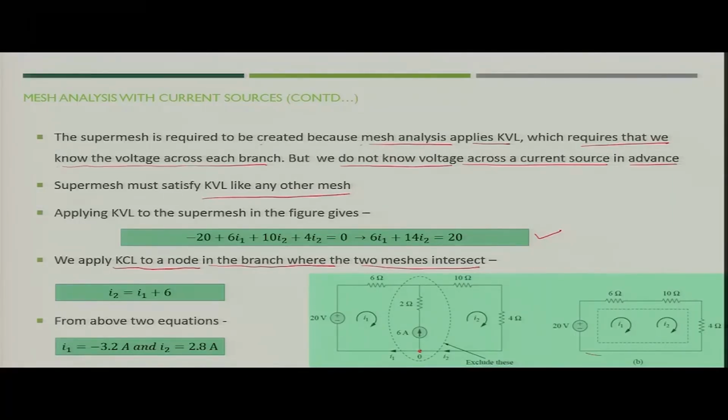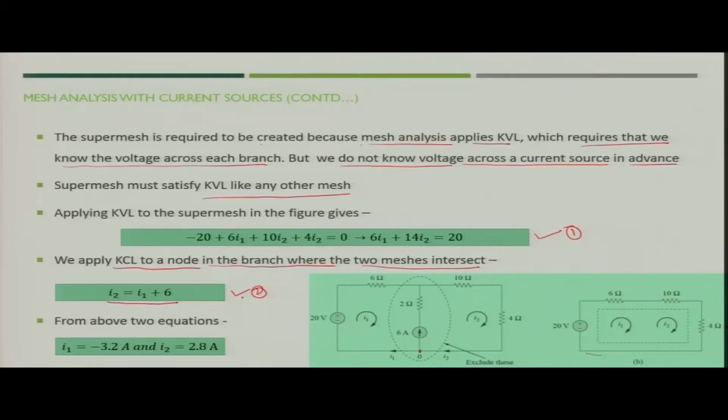Now, if you look at this particular node, you can see I2 is coming in, and I1 and the 6 ampere current source are going out. So, you can simply apply Kirchhoff current law and say that I2 is nothing but I1 plus 6. Now you have got another equation: the first is the super mesh equation, and the second you got from Kirchhoff current law.